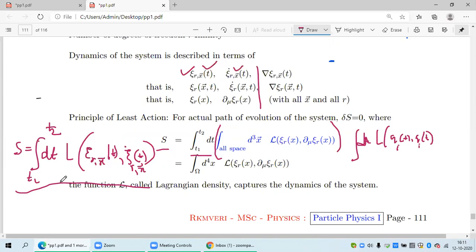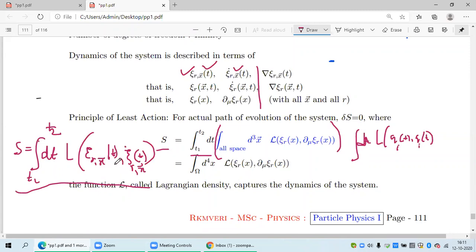Okay. Now here, all these are the coordinates and velocities with all possible r's and all possible x's. Clear? Right. So all these x's are there.